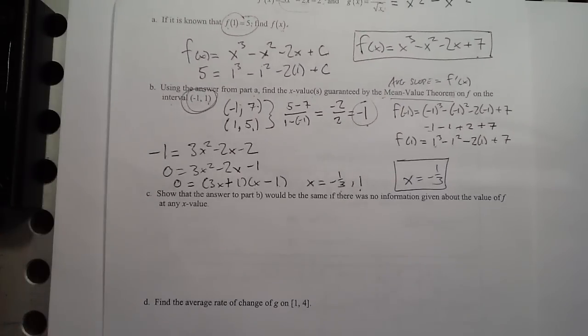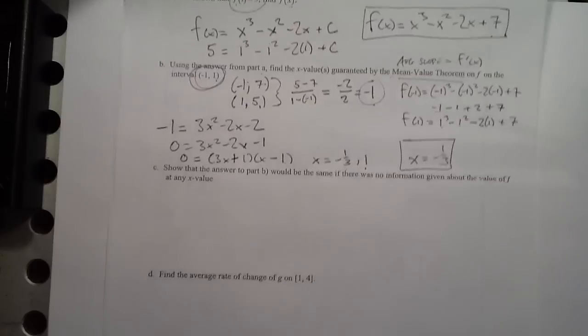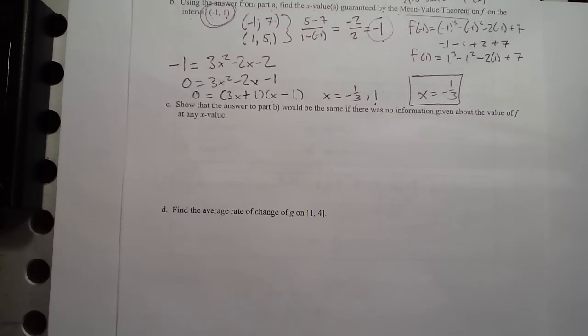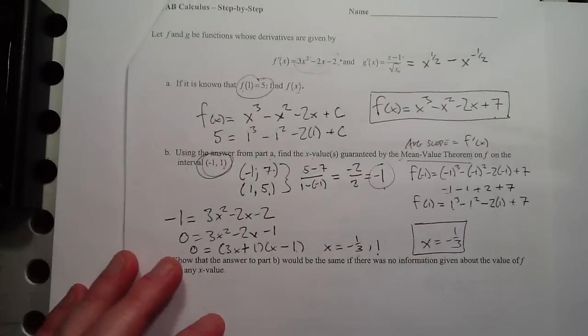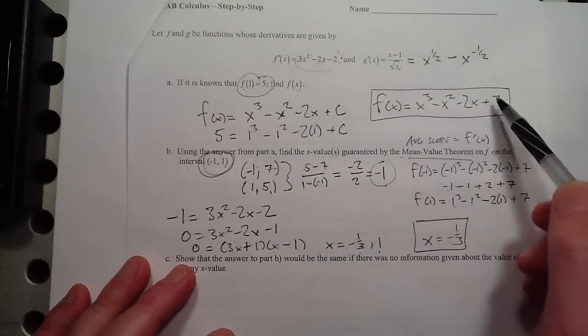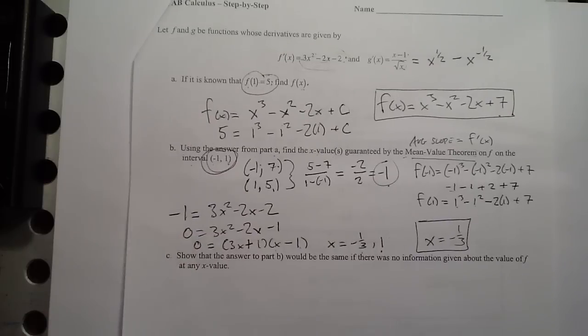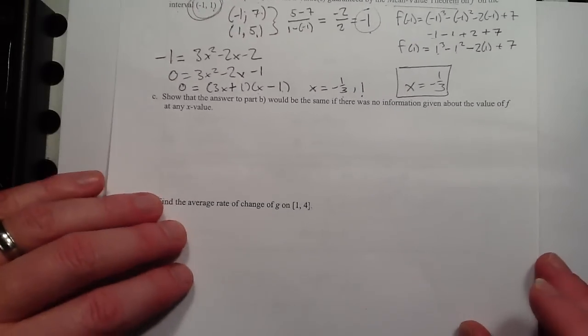All right, part C. They want us to show that the answer to part B would be the same if there was no information given about the value of f at any x value. In other words, if we didn't have the plus 7, if we couldn't have solved for plus c, would we still get the same thing? And a couple ways to reason through that.